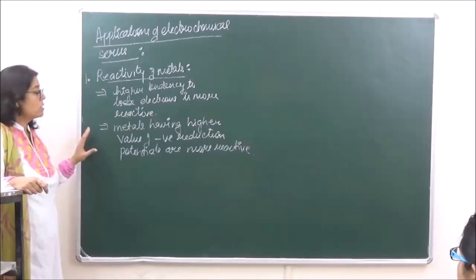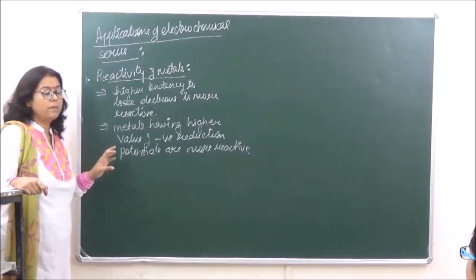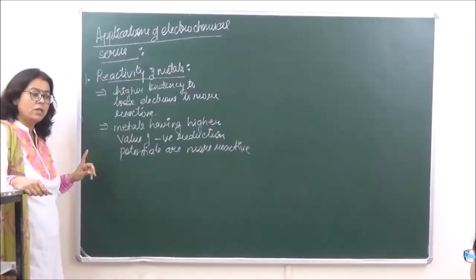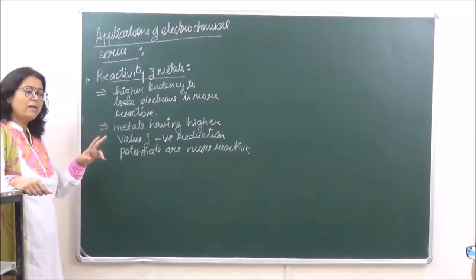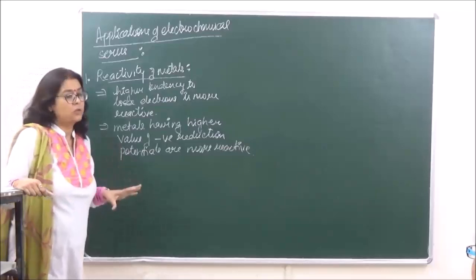Why? Because the value of reduction potential will not only depend upon the ionization energy, but it also depends upon the hydration energy. So the sum total of both ionization energy and hydration energy sets the value for reduction potential.